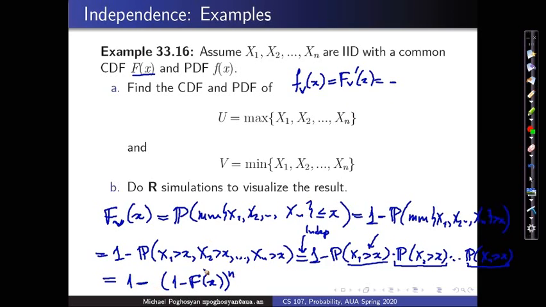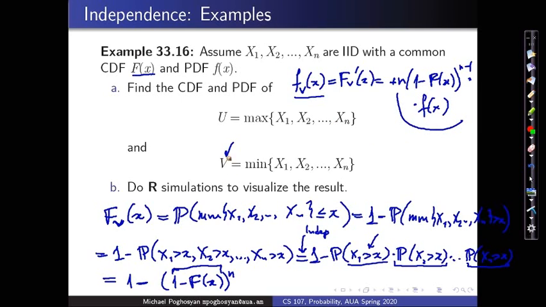Minus sign, the derivative of this: n times (1 minus F of x) to the n minus 1 times the derivative of the inner function. This will give minus sign, so plus here, and the derivative of capital F, which is small f. So this is the formula to obtain the PDF of the minimum.